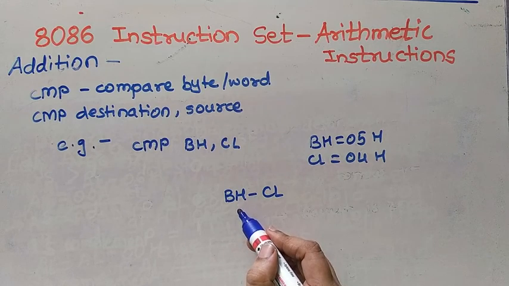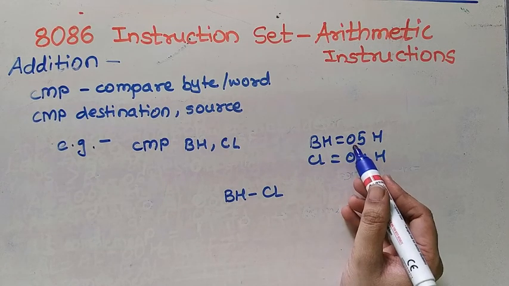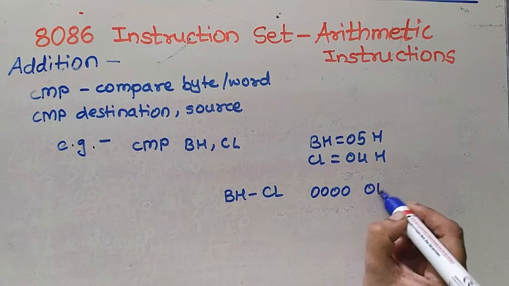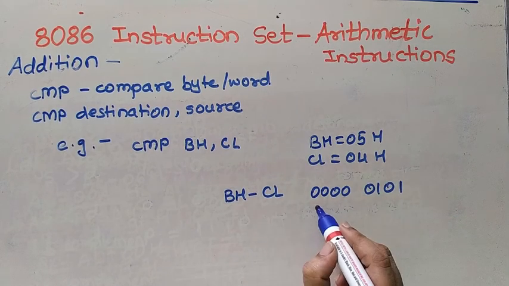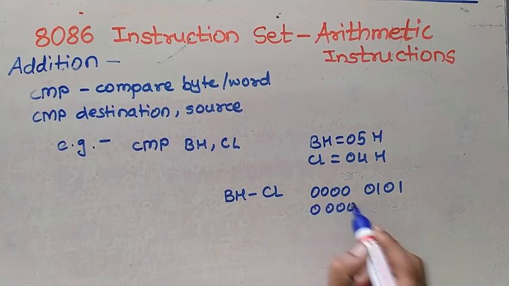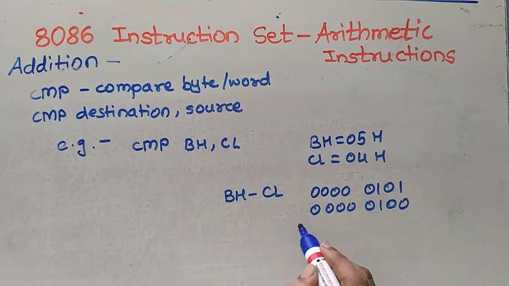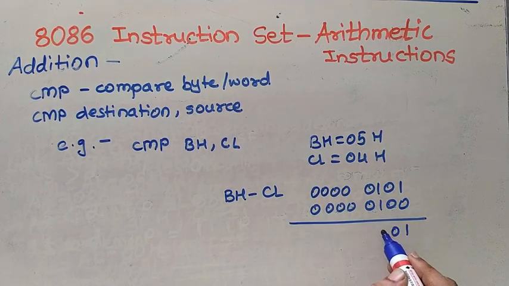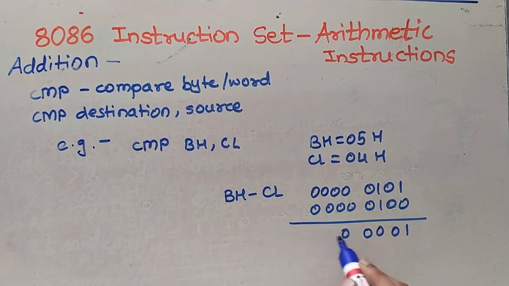So what will happen here? BH is 05, so it is 0, 0, 0, 0, 0, 1, 0, 1, and 04 means 0, 0, 0, 0, 0, 1, 0, 0. The subtraction will be performed, so it will be 0, 0, 0, 0, 0, 0, 0, 1.